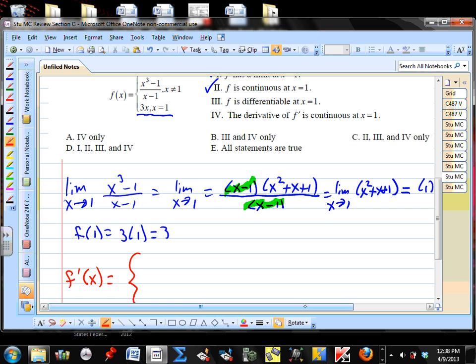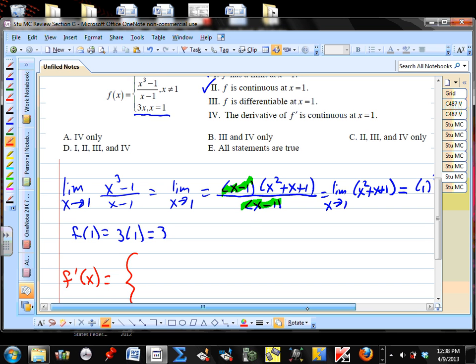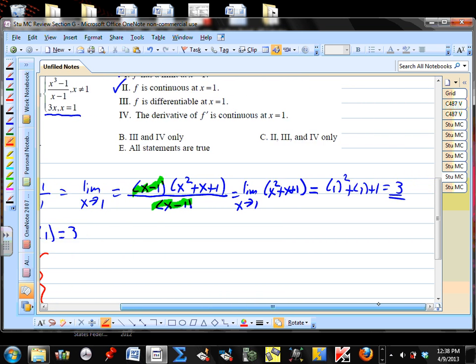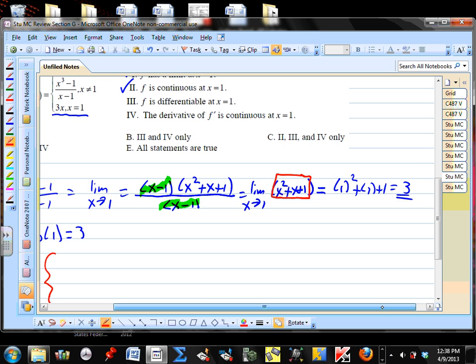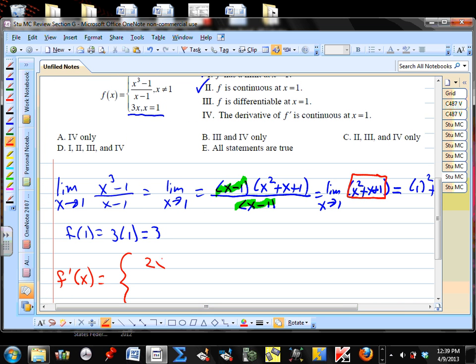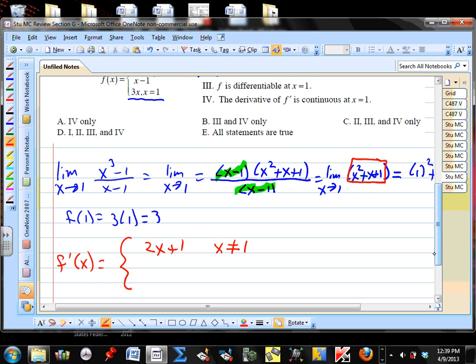Well, the good news for us is, as nasty as that looks, with factoring and canceling, we can really just find the derivative of x squared plus x plus 1, which is 2x plus 1. So this is our derivative everywhere except x equals 1.